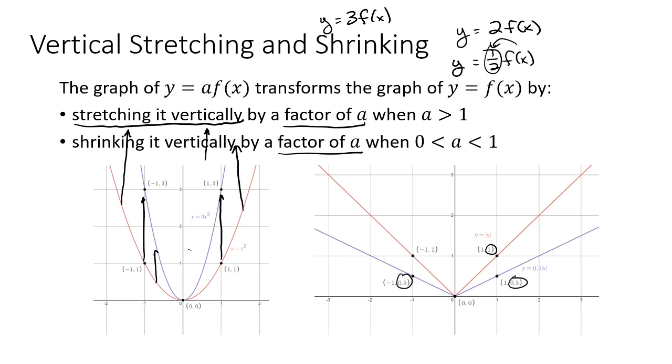Same over here. And so everything gets half as tall. So now this red graph is being shrunk vertically by a factor of 1/2. Imagine that you set something heavy on top of it, and now it's just being compressed downwards.